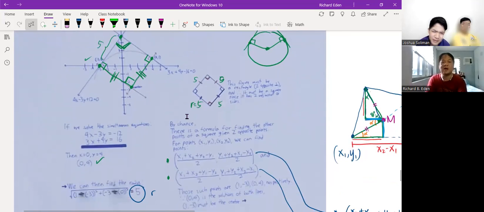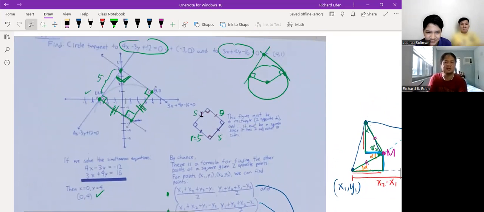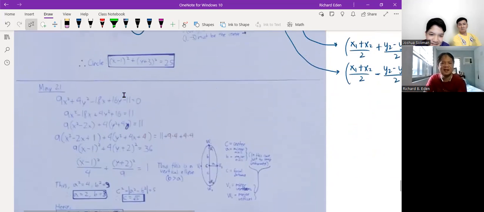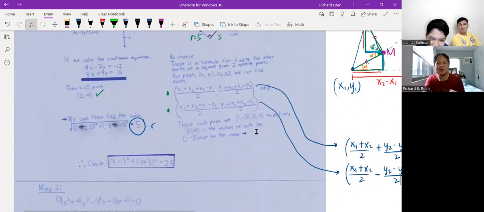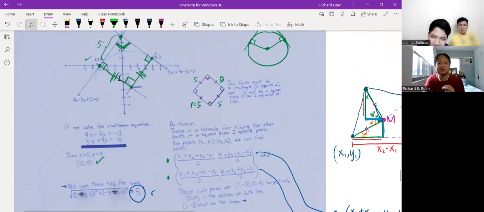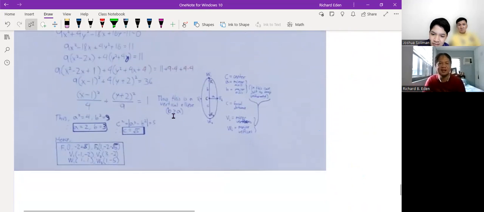But here's how I would have done it. Okay, never mind. I would have, not in terms of a formula, been thinking of going 3 units to the left, 4 units down, things like that.